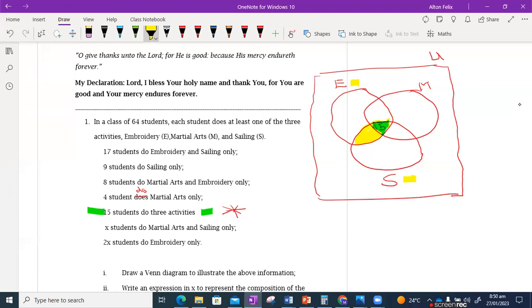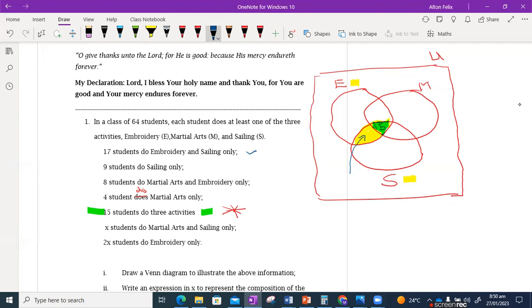Now, I have 2 things to say about that. And the very first thing is that you look for the information on embroidery and sailing. Let's see if we can find it. Embroidery and sailing is right here. Now, 17 students do embroidery and sailing only. So let's see if we can identify that region right here.